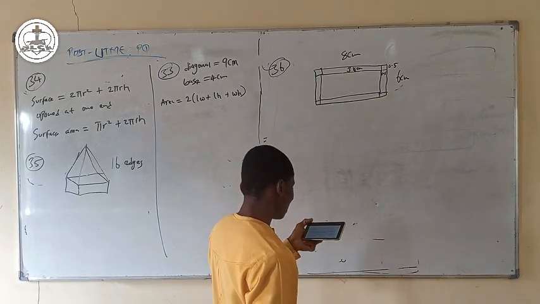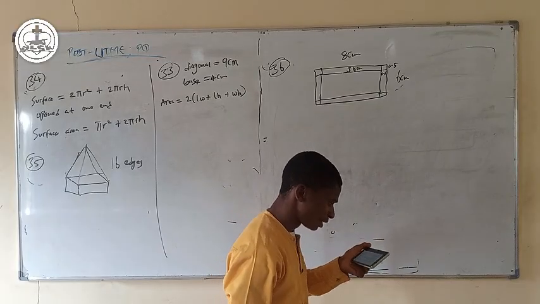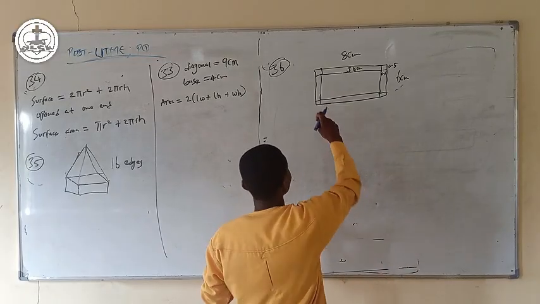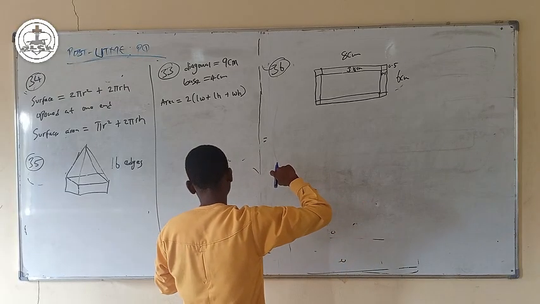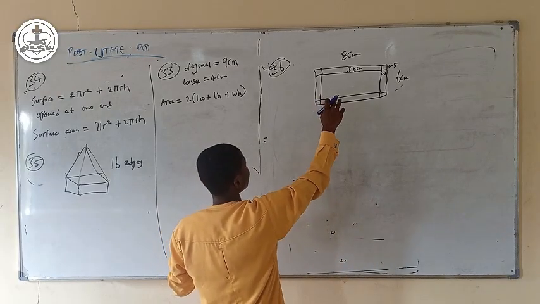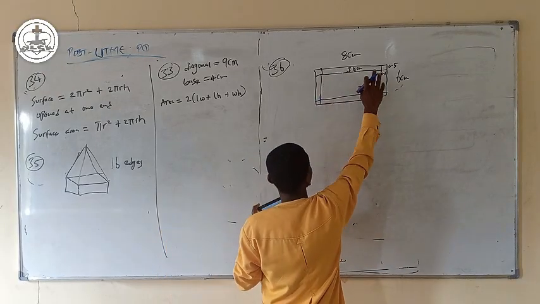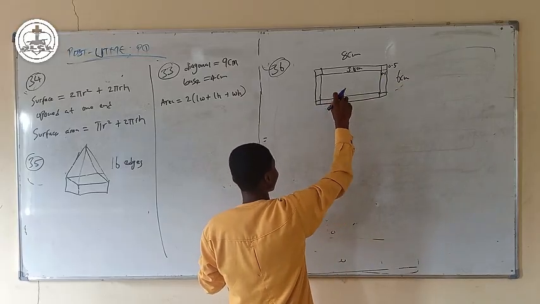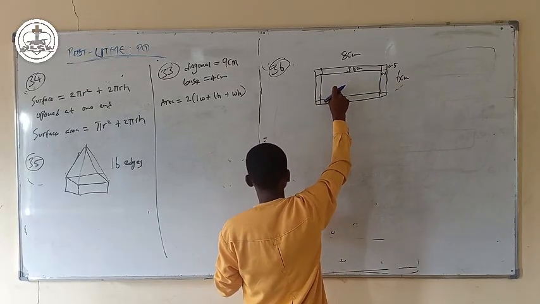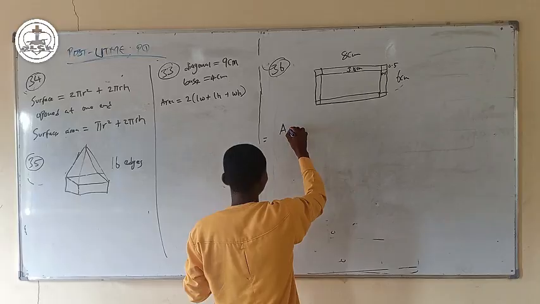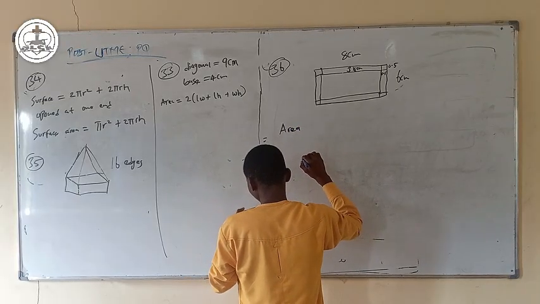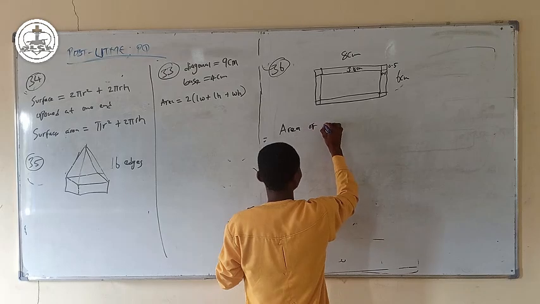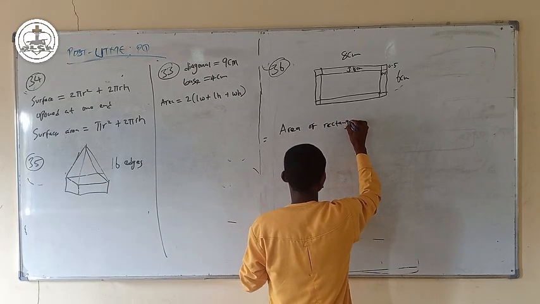They said calculate the area of the frame. For us to get the area of this frame, we are going to calculate the total area, subtracting the area of the main rectangle, the rectangular picture.